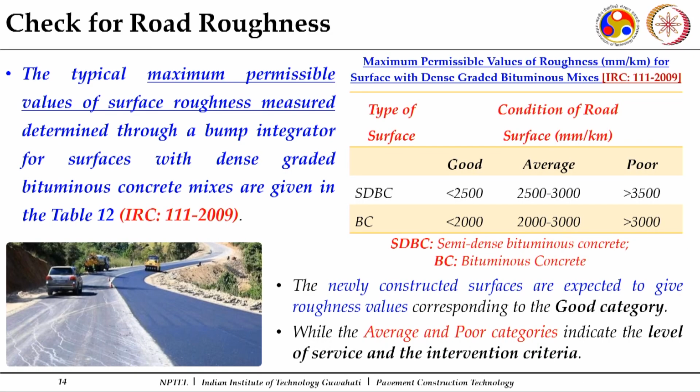Once the laying is completed, we can do this measurement at any period of time. As I mentioned, the surface may be smooth immediately after construction, but if some defects are left in the underlying layers, they soon get reflected in due course of time, in the coming 1, 2, 3 years.